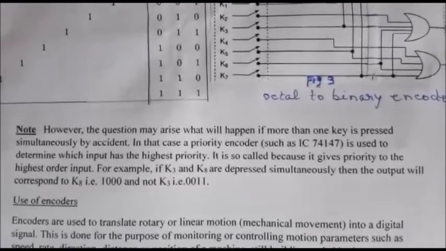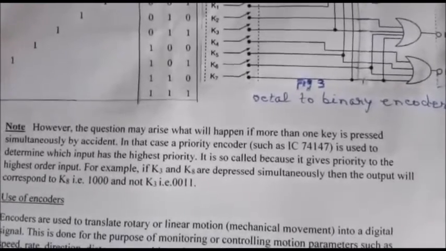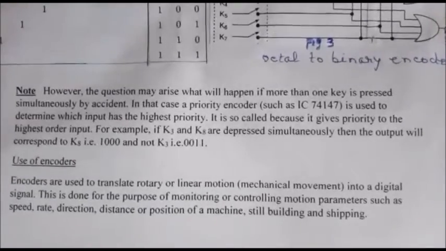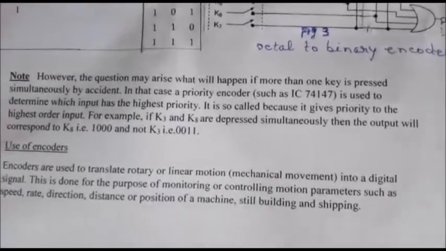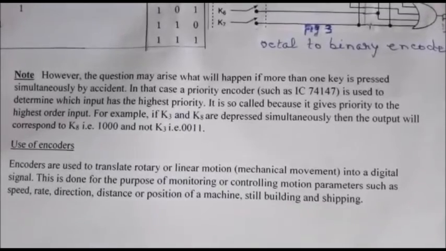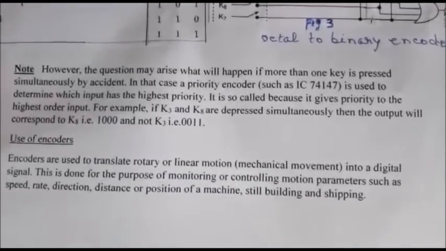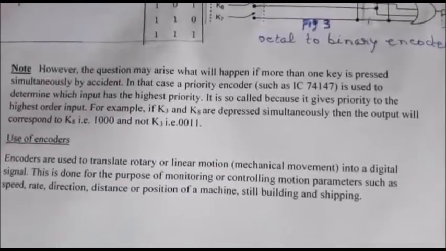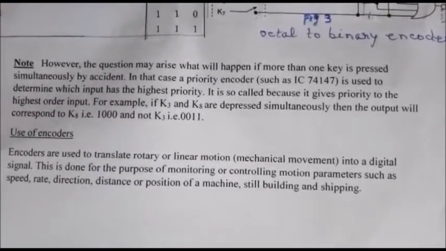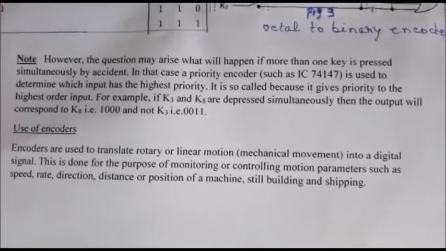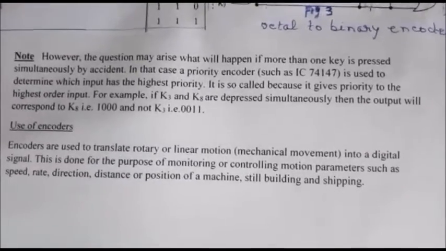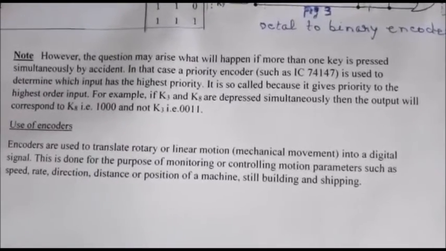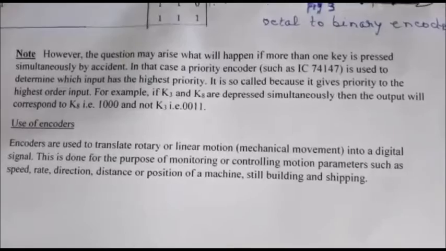In the same way, a hexadecimal to binary encoder can be designed, and if you want, you can try this. Note, however, the question may arise here: what will happen if more than one key is pressed simultaneously by accident or by mistake? In that case, a priority encoder such as IC 74147 is used to determine which input has the highest priority.